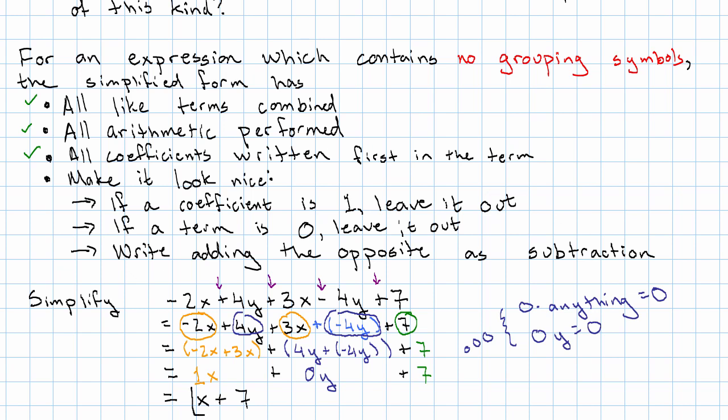So I'm just left with x plus 7 as the simplified form of my original expression. Why is it simplified? It follows all the rules, and I've made it look nice.